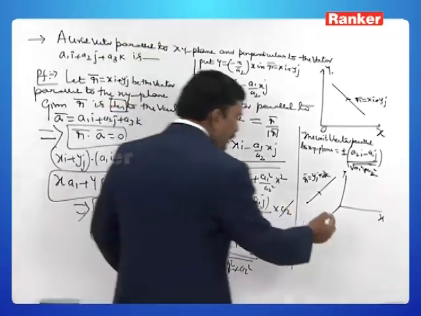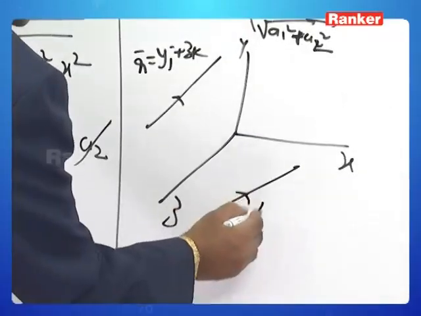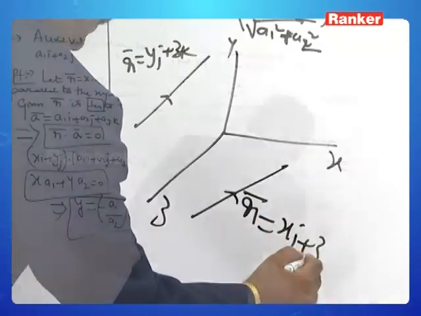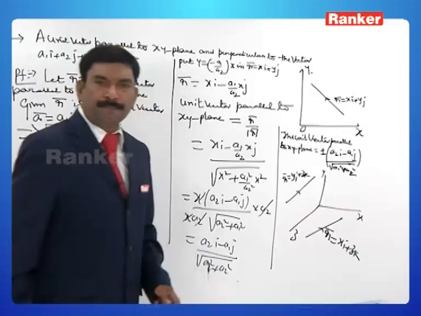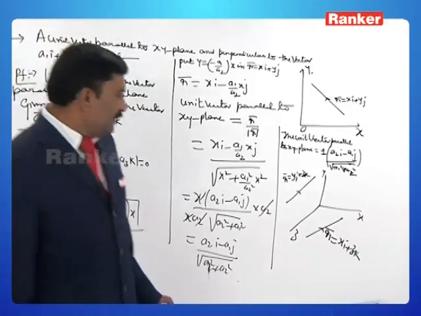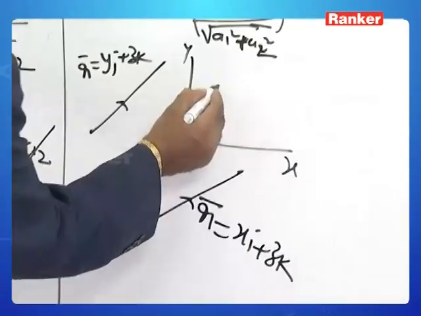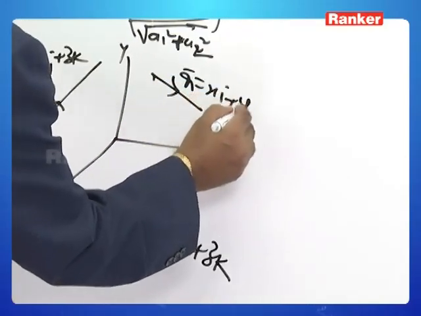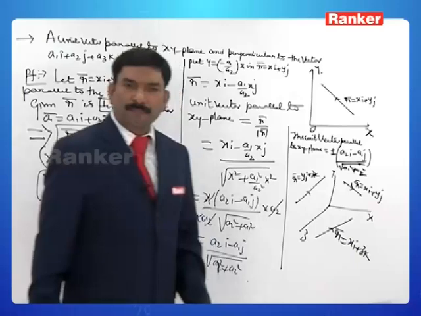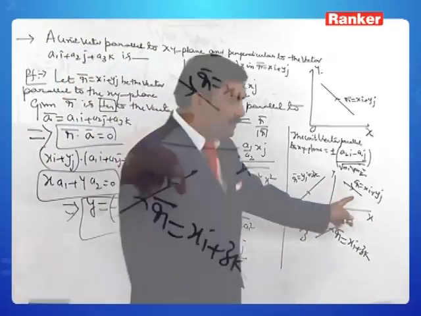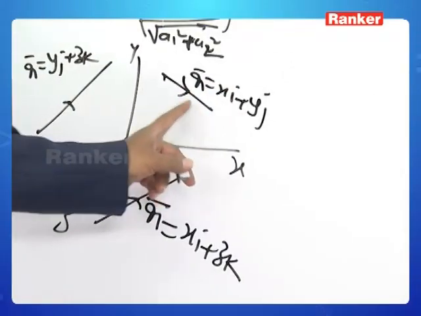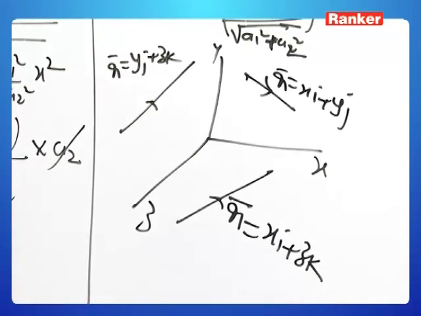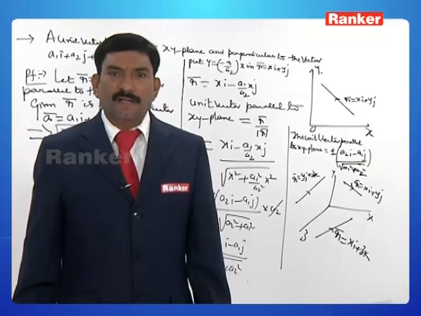If I go to zx plane, I can write r bar is equal to xi plus zk. Roughly, I am writing r bar is equal to xi plus yj. This vector is parallel to xy plane; yz plane is parallel to what? zx plane.